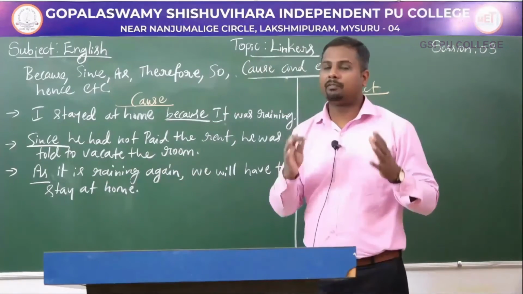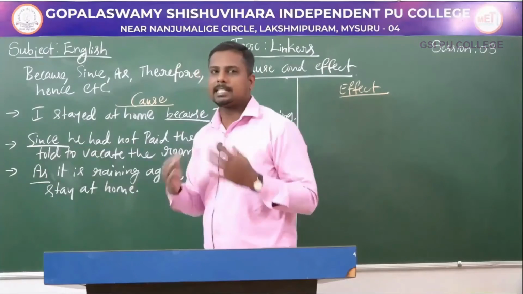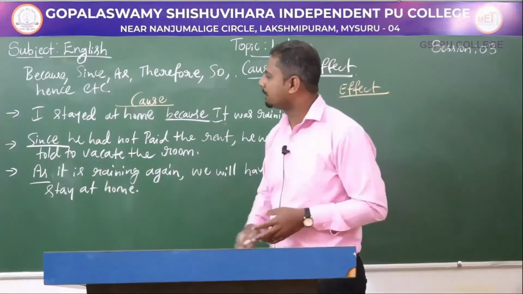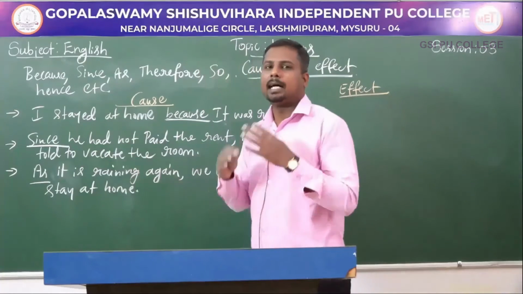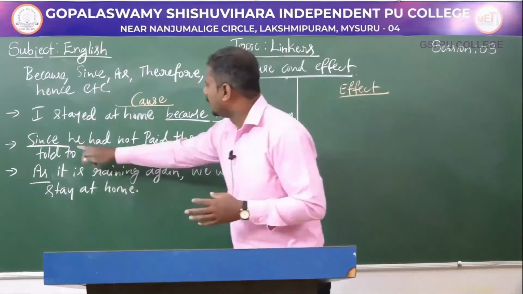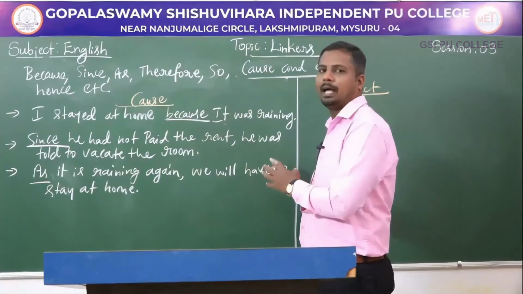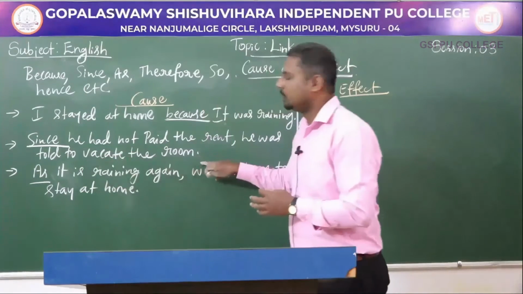Similarly, in the second sentence, since he had not paid the rent, he was told to vacate the room. Here we are talking about the cause. So the linker since expresses the cause, not the effect, because it is followed by the idea that expresses the cause: he had not paid the rent. After the comma, you have the effect, that is, he was told to vacate the room.